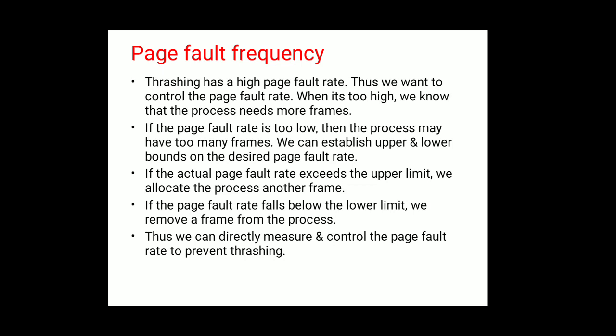And if the page fault rate goes below the lower limit, then we have to remove a frame from the process. Thus we can measure and control the page fault rate and prevent thrashing. So this was about page fault frequency.